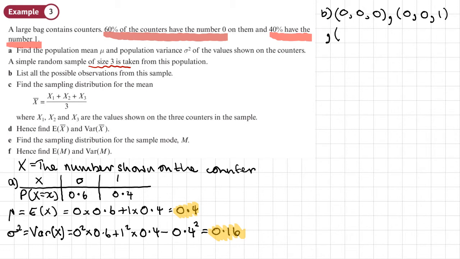So next one, 0, 1, 0, and then 1, 0, 0. So I'm listing all the ones where just one of the counters is a 1. Then I'll carry on with the ones where 2 of the counters are 1s.